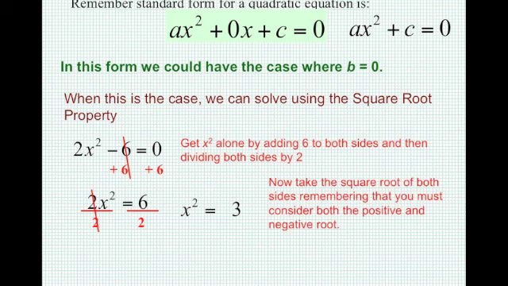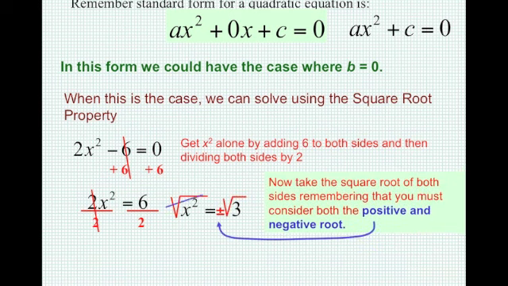Now if we take the square root of both sides, remember that we must consider both the positive and negative root by putting a plus or minus on the right-hand side. We're left with x equals plus or minus the square root of 3.